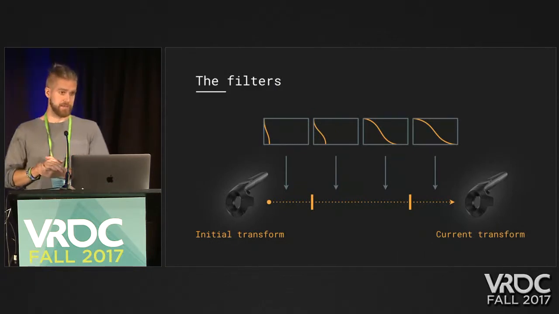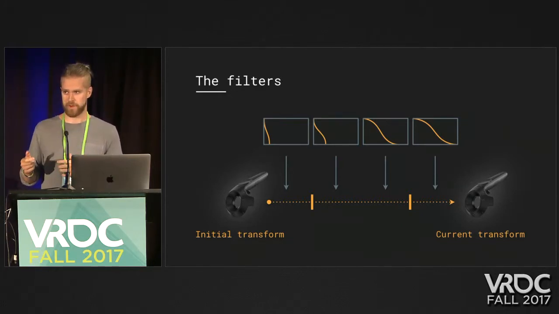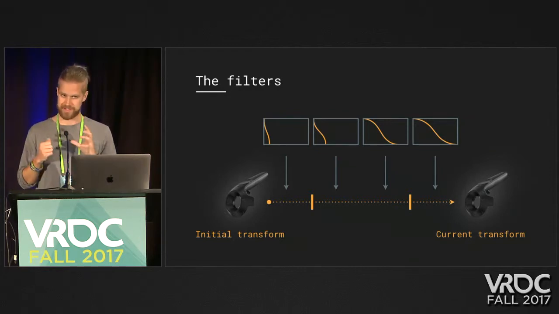Anyway, so the filtering we chose was low-pass filtering. And we have two different filters. We have a very strong low-pass filter and a much weaker one. And when you start the dragging gesture, right in the beginning, we apply this super strong low-pass filter. So you basically get almost no movement at all to simulate this static friction effect we had earlier.